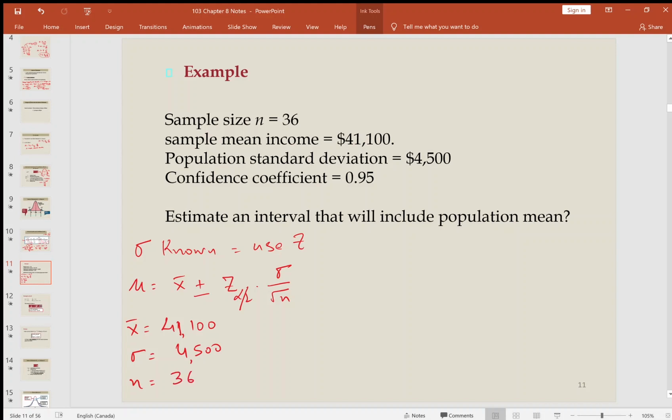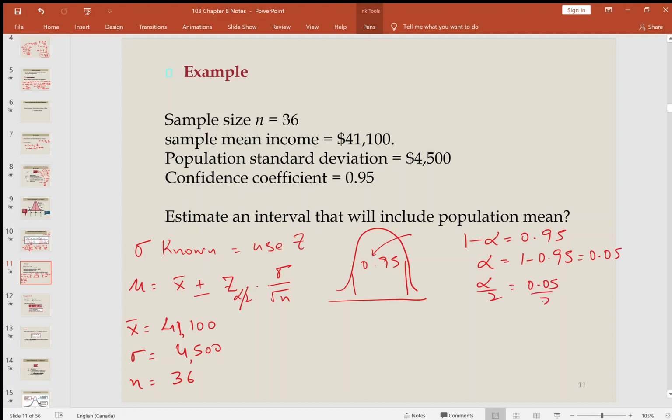Okay, now we are told that 1 minus alpha is 0.95, so this area is 0.95. So alpha is equal to 1 minus 0.95, which equals 0.05, and alpha by 2 is 0.05 divided by 2, which is equal to 0.025.